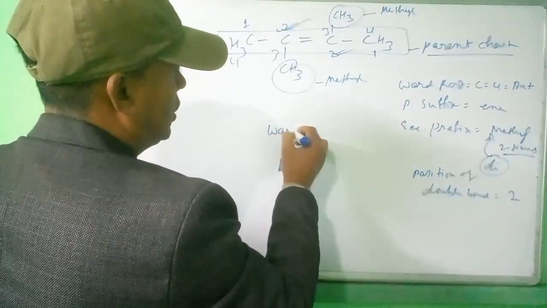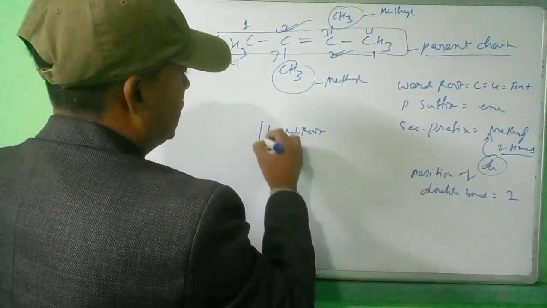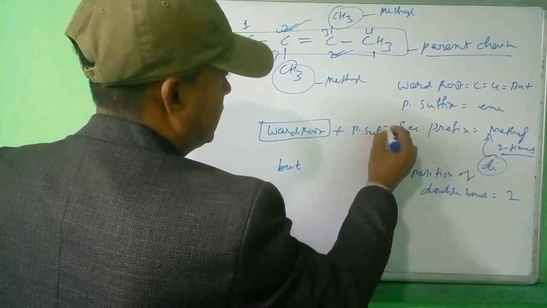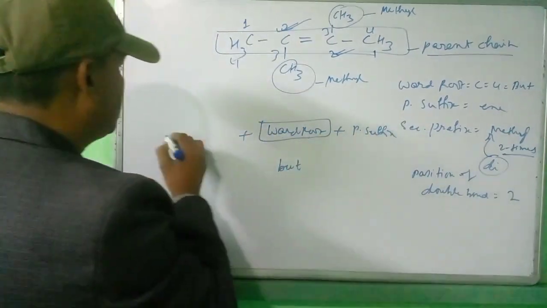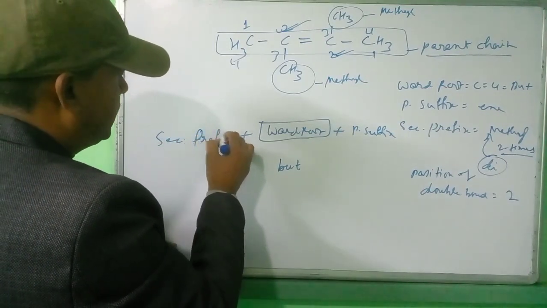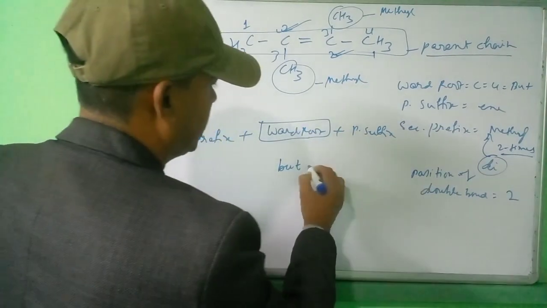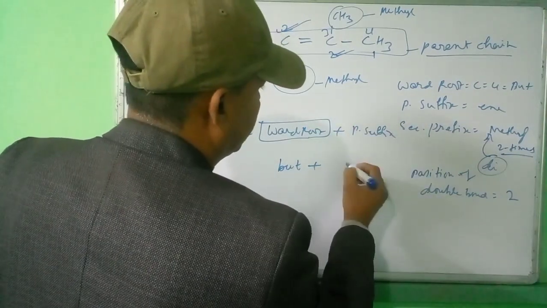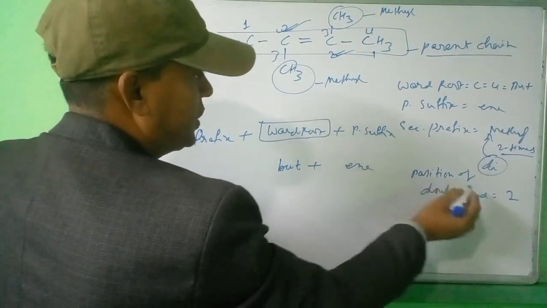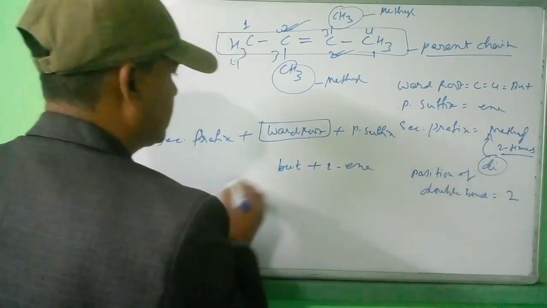Always write the word root like this, the primary suffix after it, and the secondary prefix before the word root. Now ene, with its position.